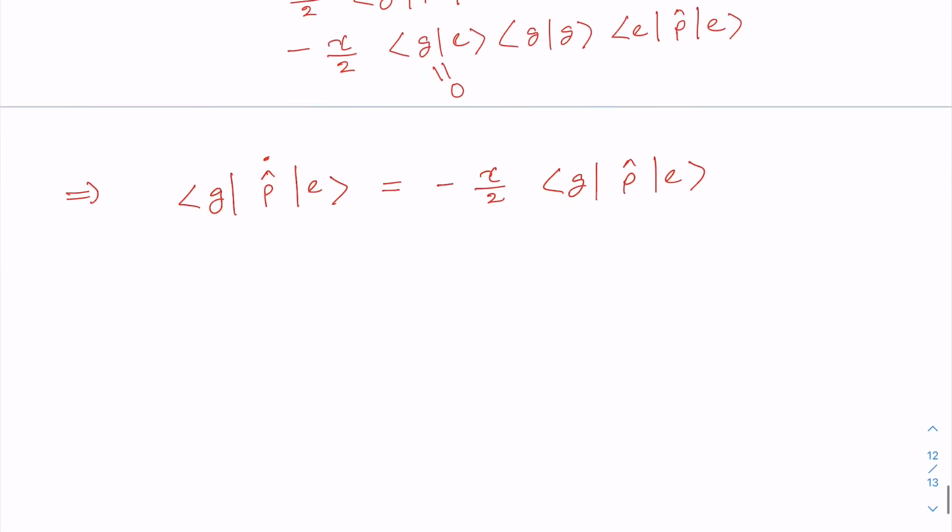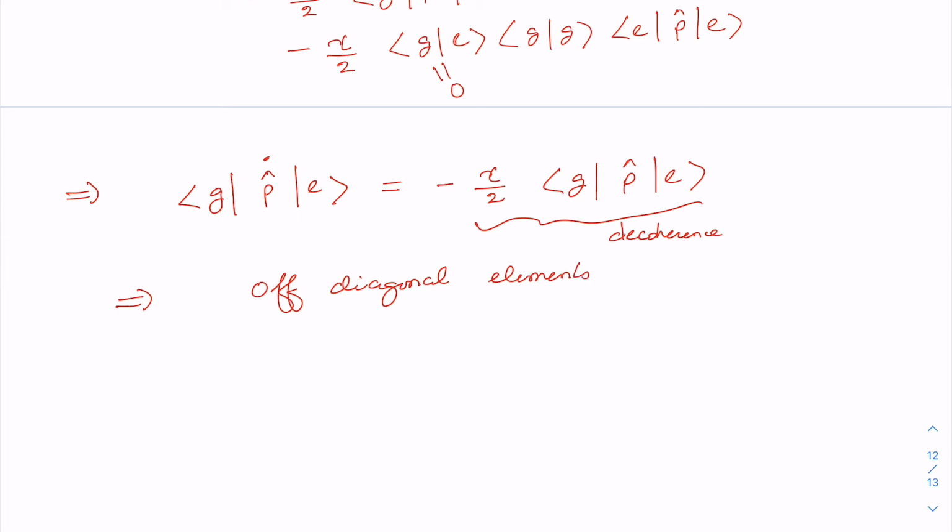So what it says is that the off diagonal elements, this is actually the decoherence, decay at the rate gamma by 2.